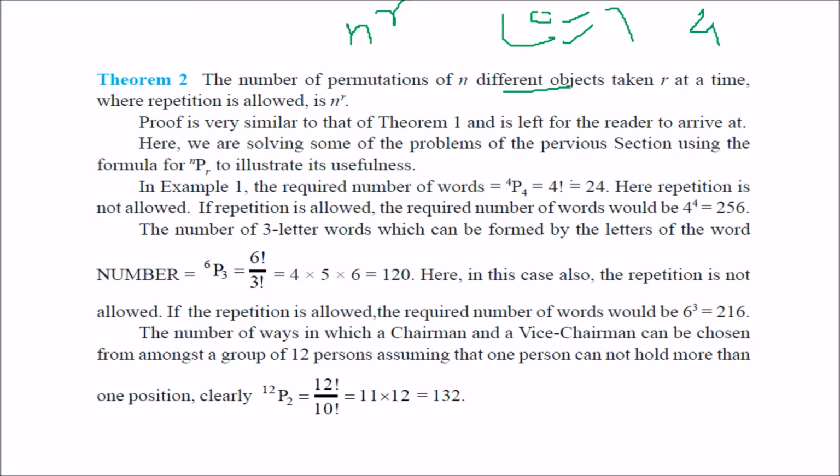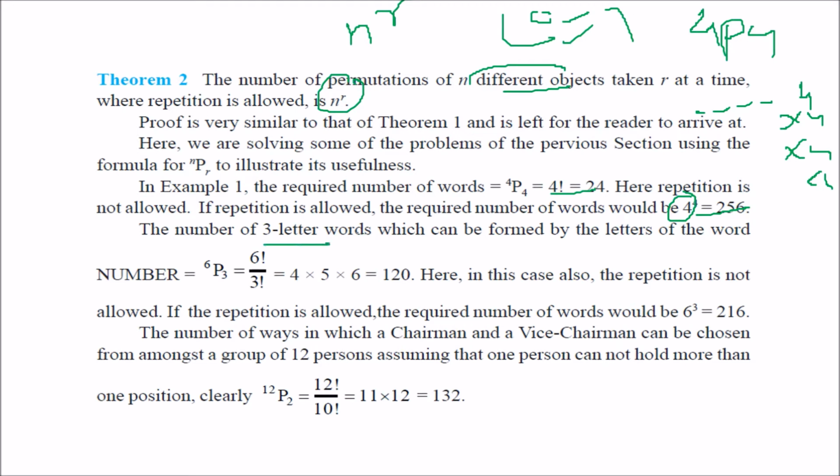That is of course factorial 4. But if repetition is allowed, each of the 4 places can be filled in 4 ways, so it is 4 into 4 into 4 into 4, that is 4 to the power 4.